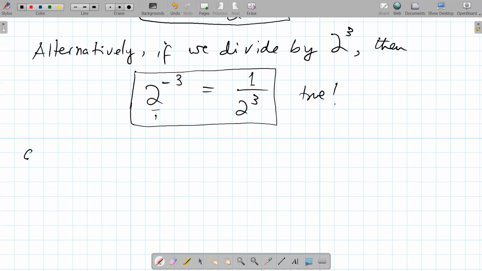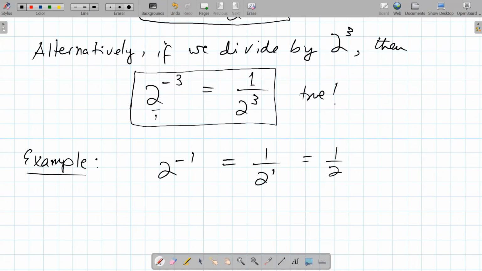So for instance, if I have 2 to the negative 1, this is the same as 1 over 2 to the positive 1. And this is the same as 1 1/2. If I have 3 to the negative 2, this is the same as 1 over 3 to the positive 2, which is the same as 1 over 9.